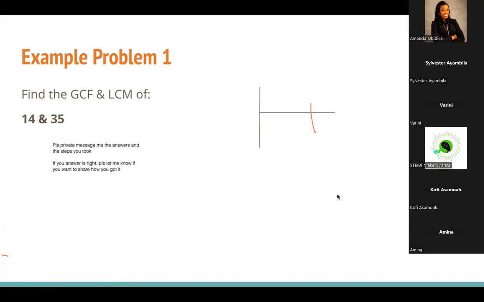Yeah. Madam Varini, please, my internet went off. When you were teaching the cake method, the GCF and the LCM, I wasn't there. Okay. Why don't we let others? Oh, please don't draw on the board. I wasn't drawing on the board. Oh, you're not the problem.